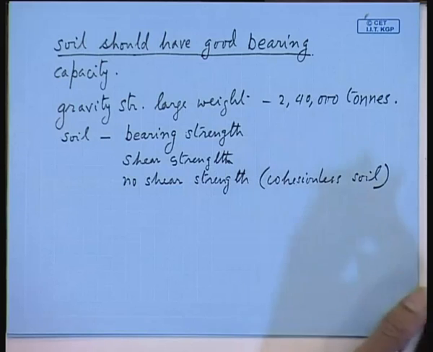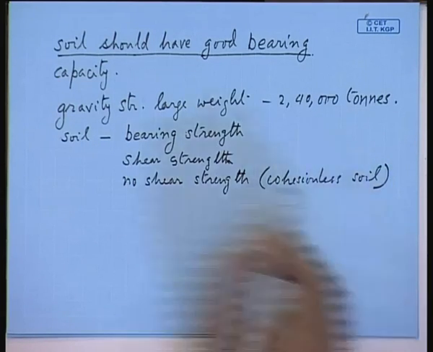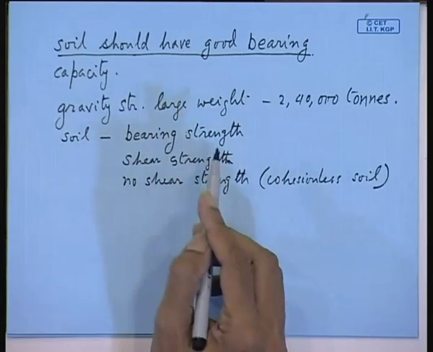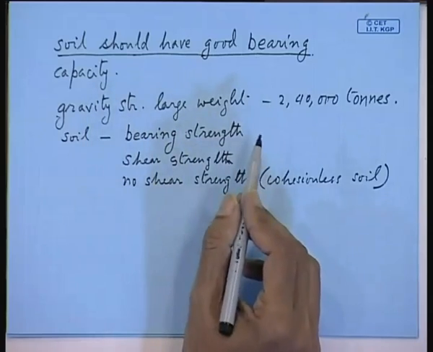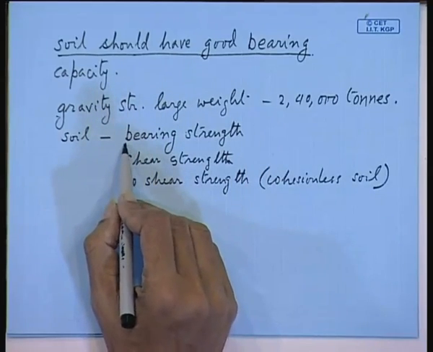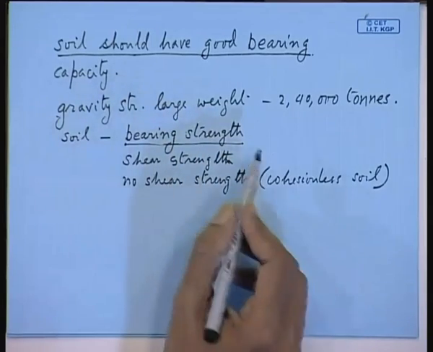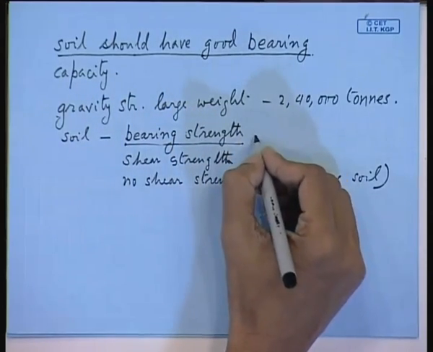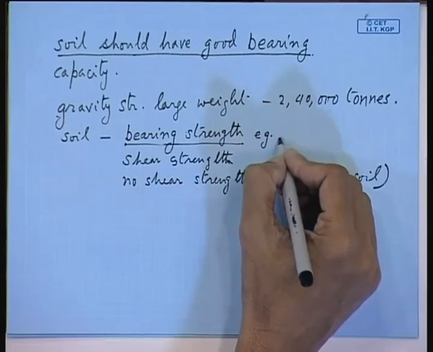There are two distinct categories of soil. Anyway, what I was talking about is that gravity structures should be located on soil which has good bearing capacity. Especially, an example is rocks or rocky bottom.